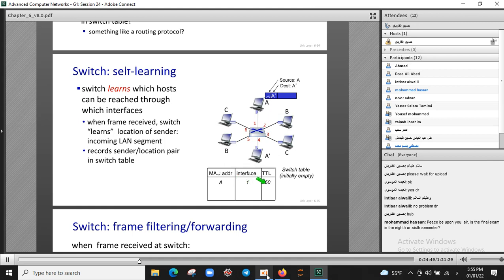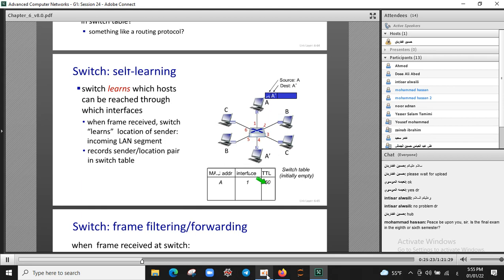Also, we have a TTL here because the configuration of the network may change over time. This TTL means that this record will remain just for a few minutes, and after that the switch will erase that record, because maybe the configuration of the network changes.